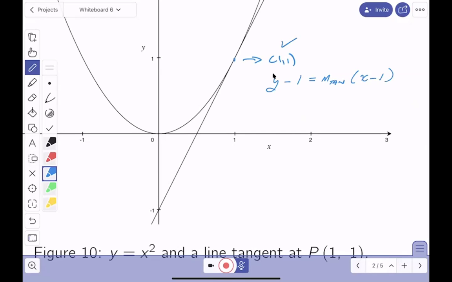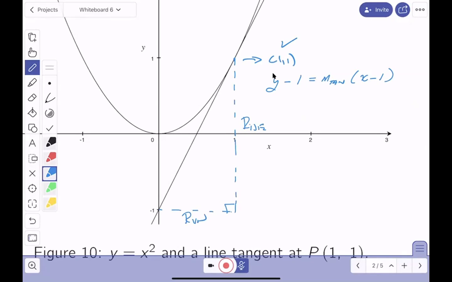Now, what I want to do is talk about how to get a rise and a run. So I'm going to draw a triangle through some nice simple points to get the rise and the run. Right triangle. This is the run, and this is the rise. Clearly a positive slope. What is that?